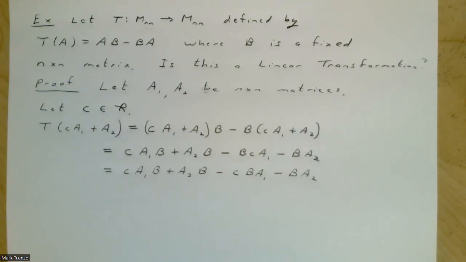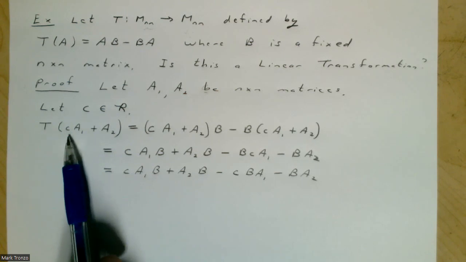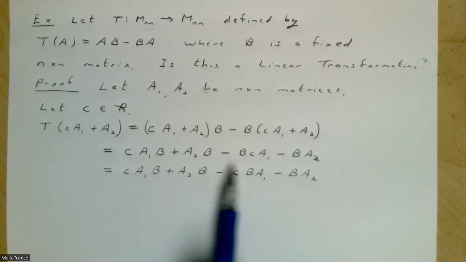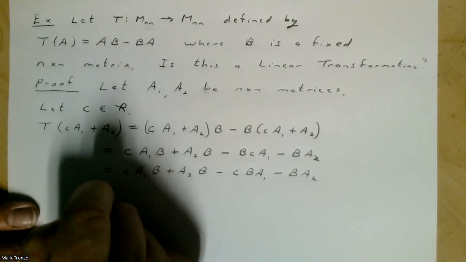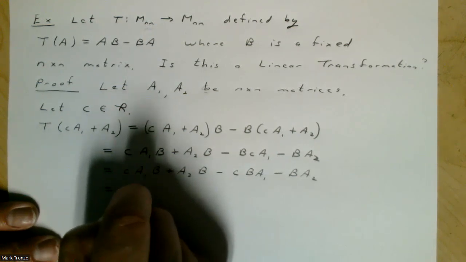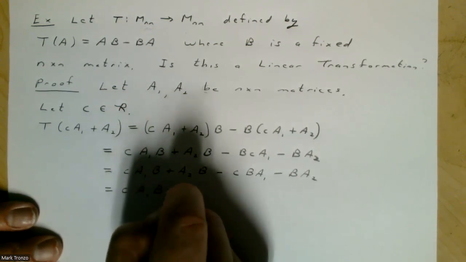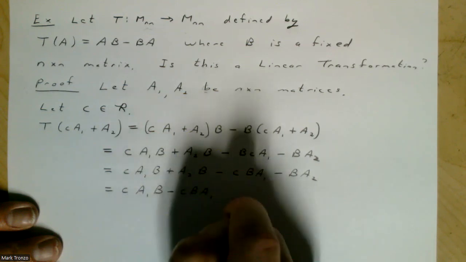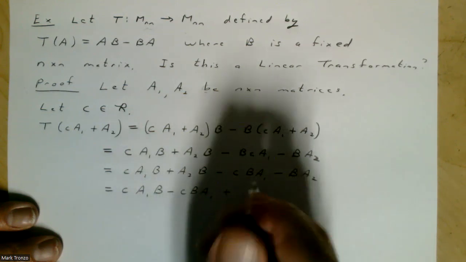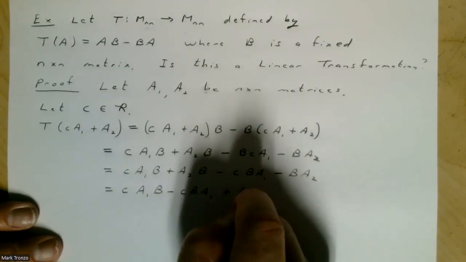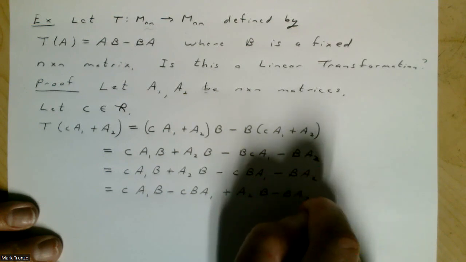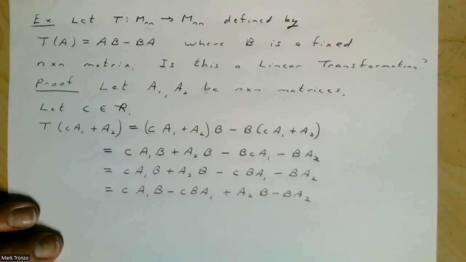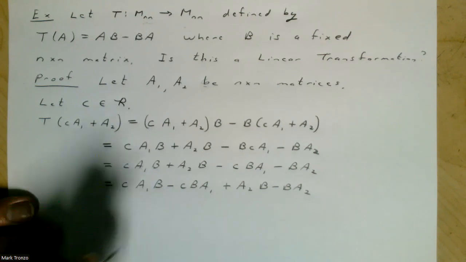Now, keep in mind, we want to get a C times T(A1). So we want to put the terms with A1 together, like this. And then we can factor out our C.